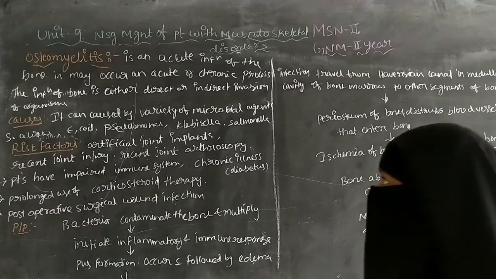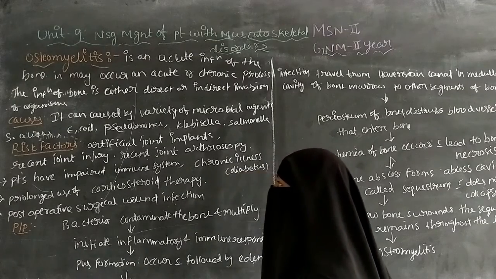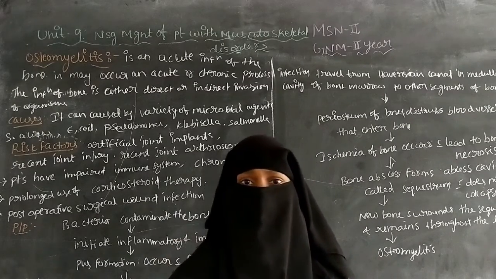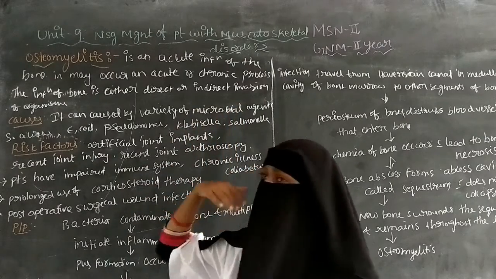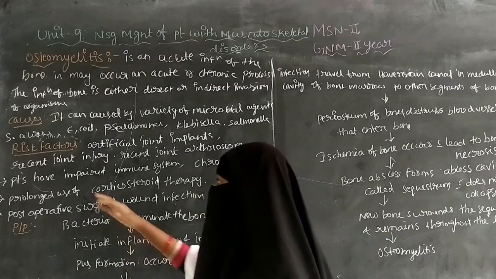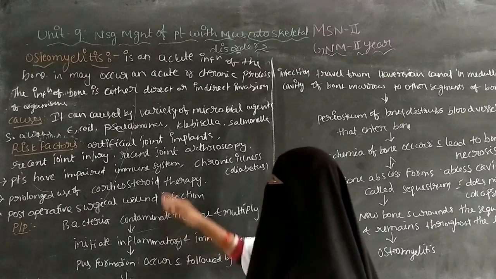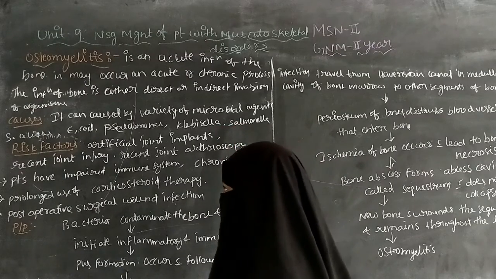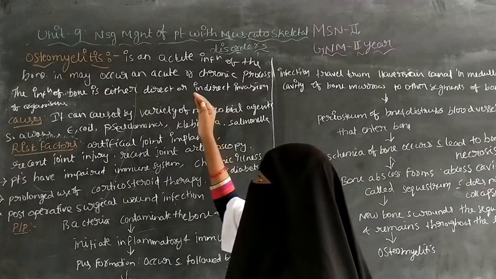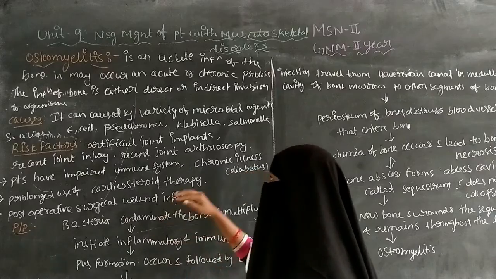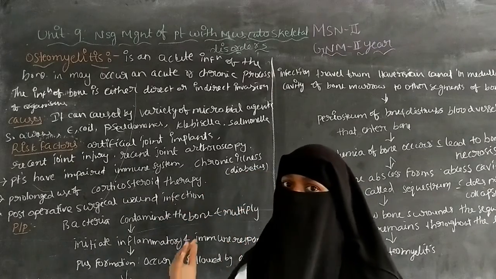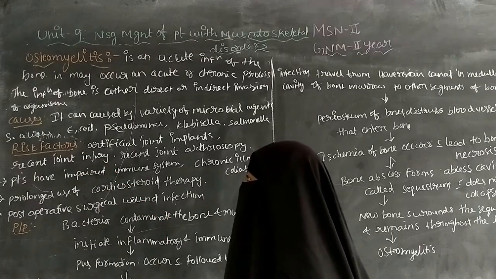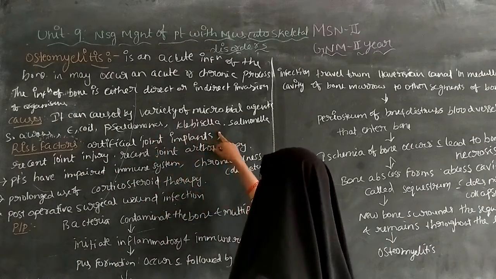Next is the causes of osteomyelitis. It can be caused by a variety of microbial agents, including Staphylococcus aureus, Escherichia coli, Pseudomonas, Klebsiella and Salmonella.